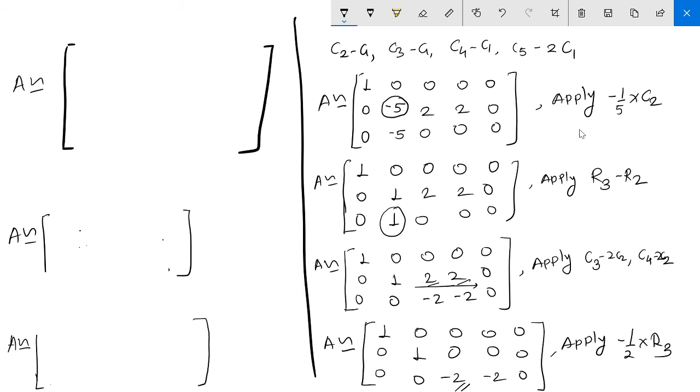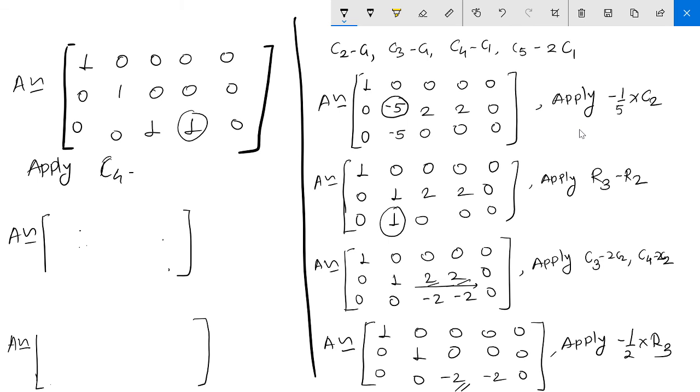So after these operations, my matrix is 1 0 0, then 0 1 0, then 0 0 1 with a 1 beside it. Now see, this is an extra one beside the identity. So apply C4 minus C3. After this operation, only this one is converted into 0.